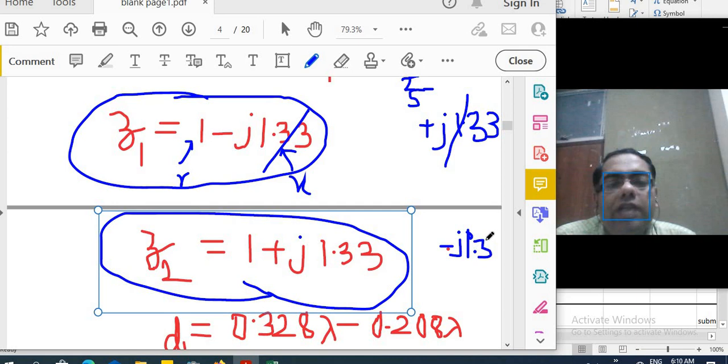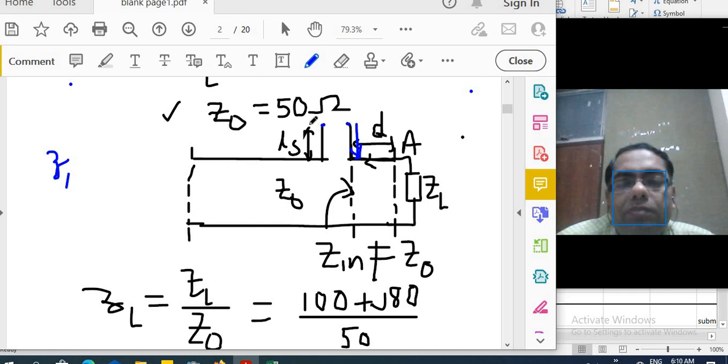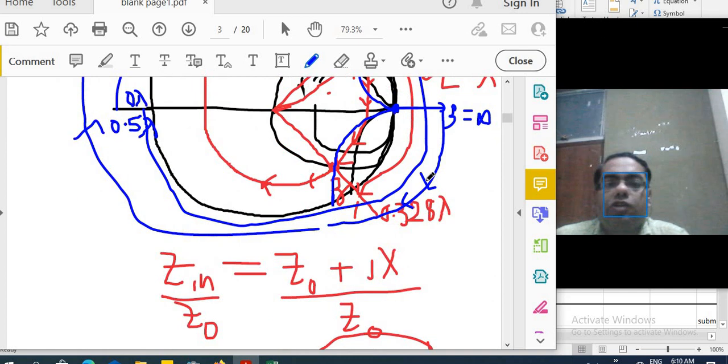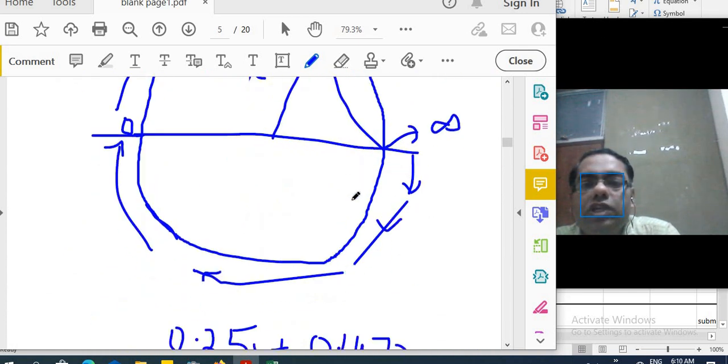It is just the sign that is changing. So again, I will start from z equal to infinity, and I will travel that length so that my input impedance becomes minus j 1.33, so that after adding it cancels.